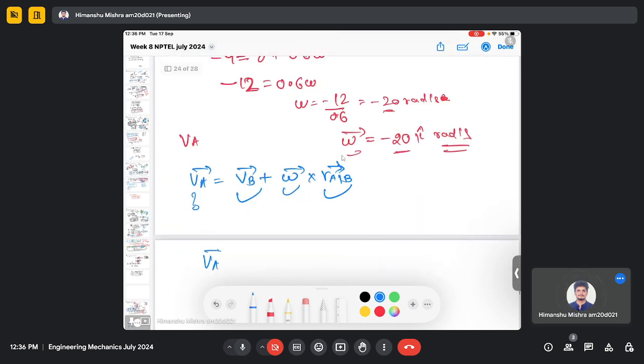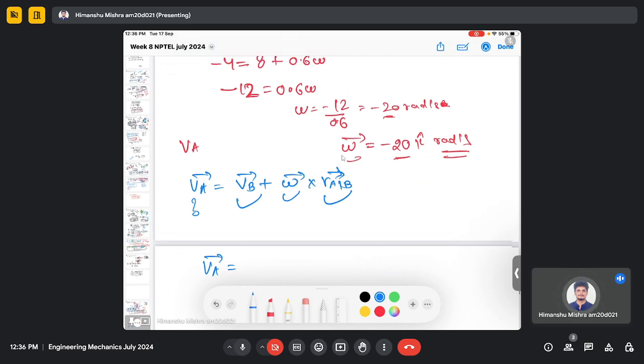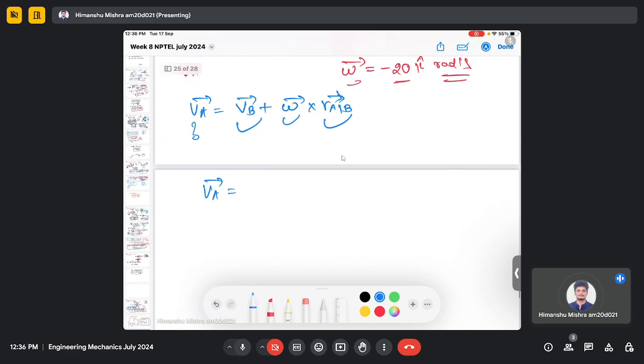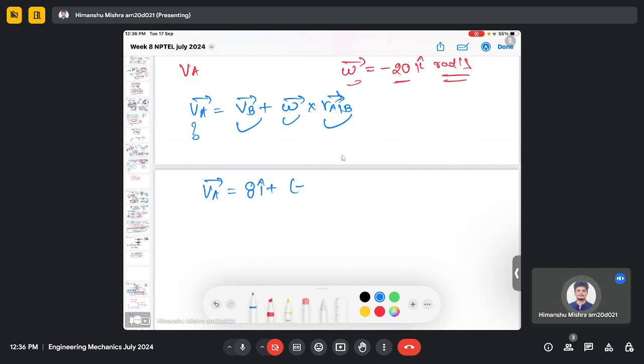So the velocity vector at point A will be equal to VB, which is 8 in the positive x direction, plus omega, which is minus 20 in the k direction, cross 0.3 in the y direction.